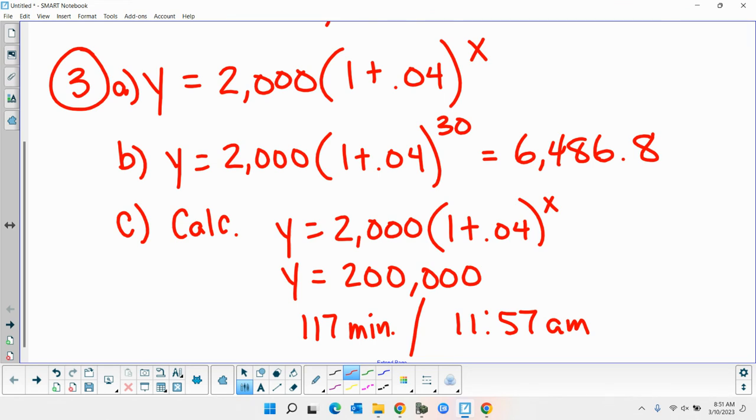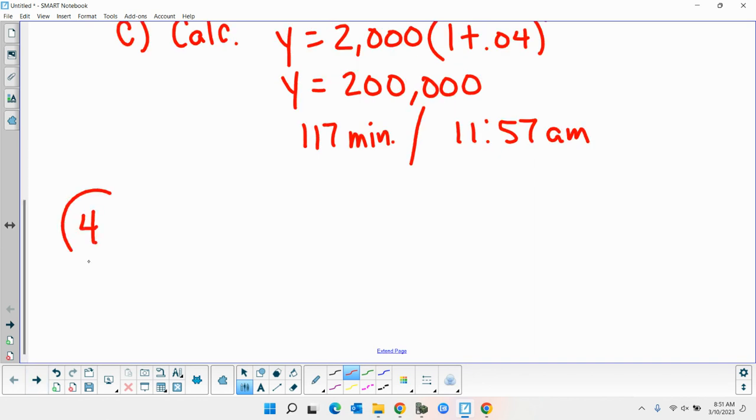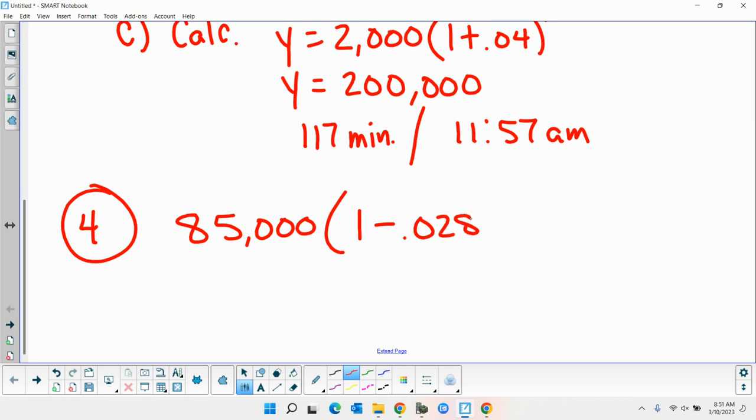Okay, number 4, population decreases. So instead of the 1 plus on this, we're going to do the 1 minus, that's all. Same formula though. Our initial amount was 85,000 people. And this time it's 1 minus, and that was about 2.8%, which is 0.028.